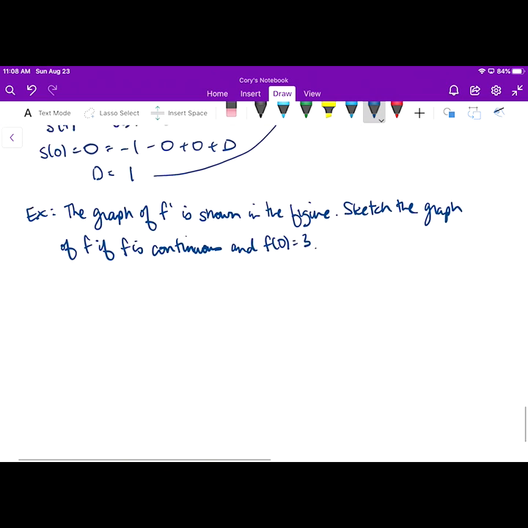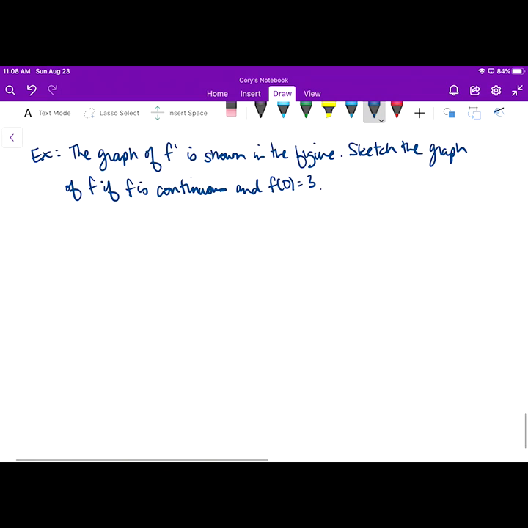Okay, last example for this lesson says that the graph of f prime is shown in the figure, and then you're asked to sketch the graph of f if f is continuous and f of 0 is equal to 3.